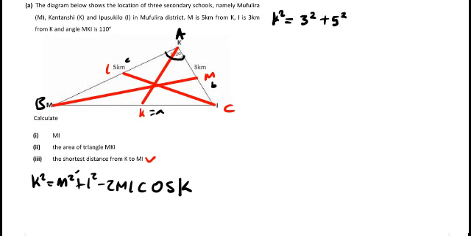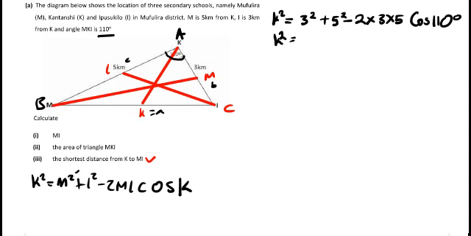It is also squared, minus 2 multiplied by m, which is a 3 there, multiplied by l, which is a 5, and then you have cos. Now our angle K is 110 degrees, so we write 110 degrees like that. Therefore, by making k the subject, it is already the subject, but we just want to remain with a single k.